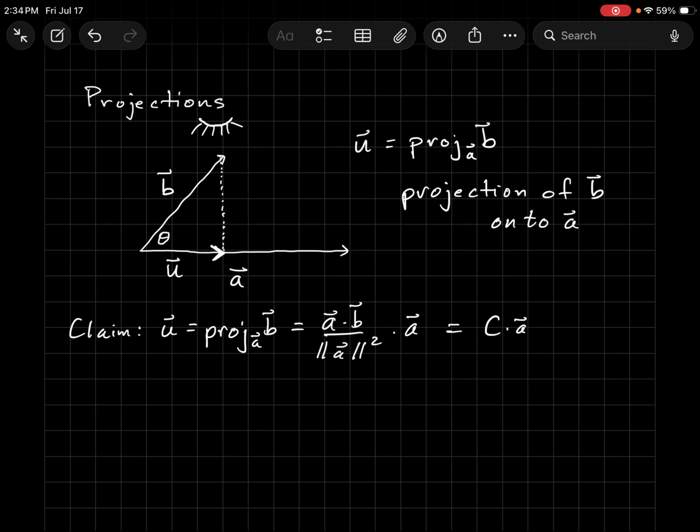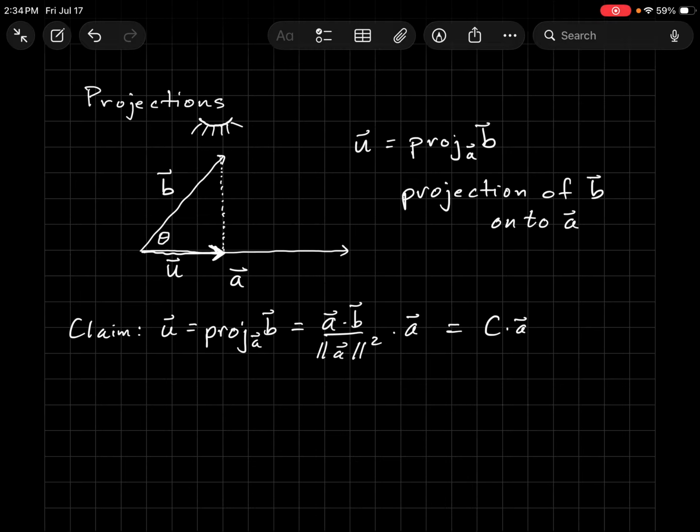So this projection is directly along the same path, parallel to the vector A. And it's just some multiple of A. It could be a portion of it, like this looks like about a third of A. It could be 2 times as big as A, it doesn't matter. But it's some constant times my vector A.